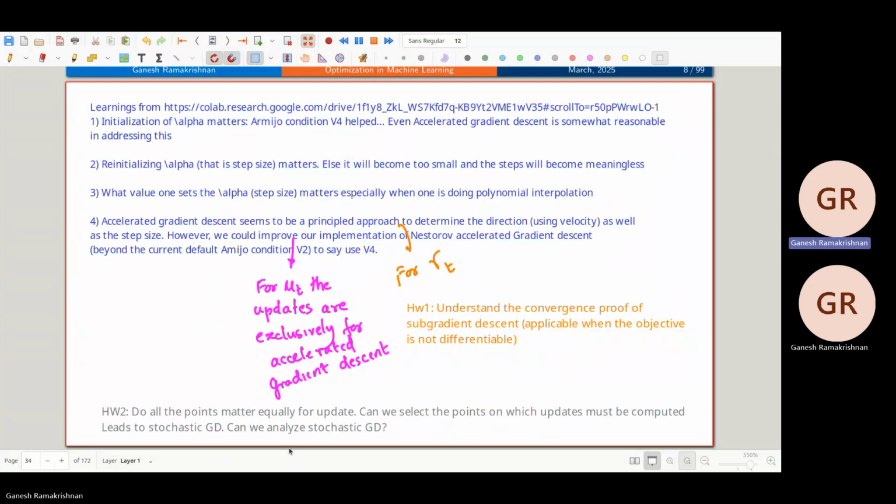Okay, so the first takeaway is that the step direction and size should be interacting in a principled manner.